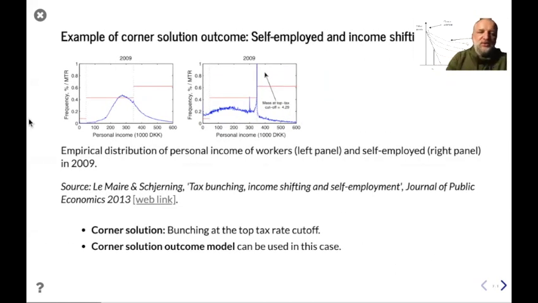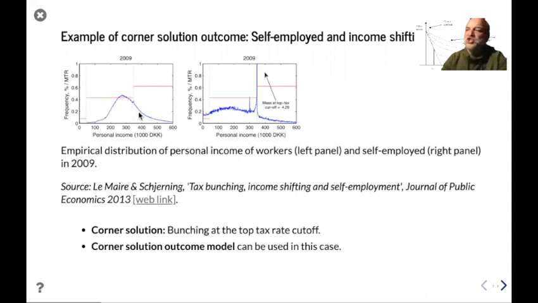Here's the distribution of personal income, this is for workers, and this is for the self-employed. You can see how the marginal tax is changing throughout the distribution, corresponding to a kink in the budget set. So you would expect to see a little bit of bunching around here.